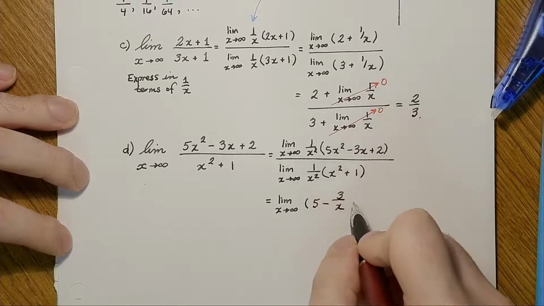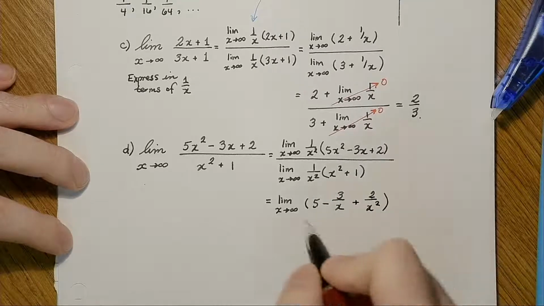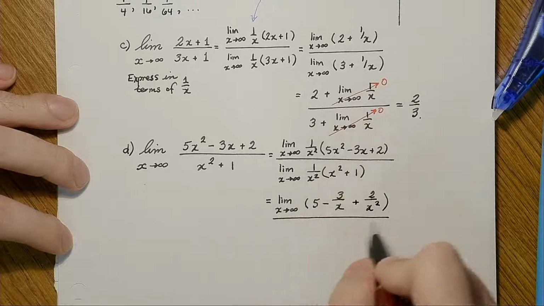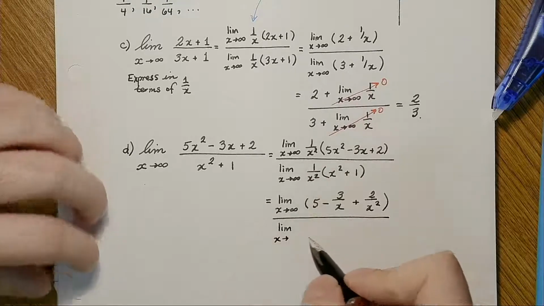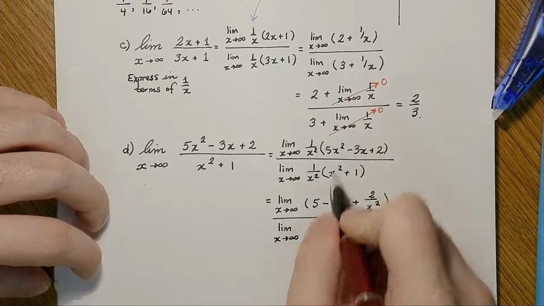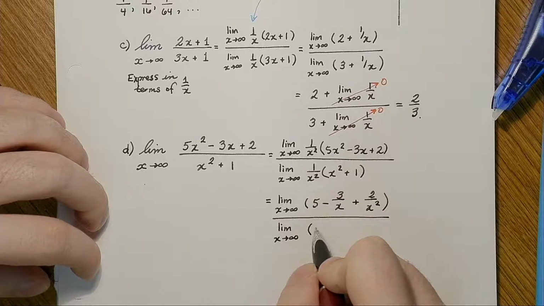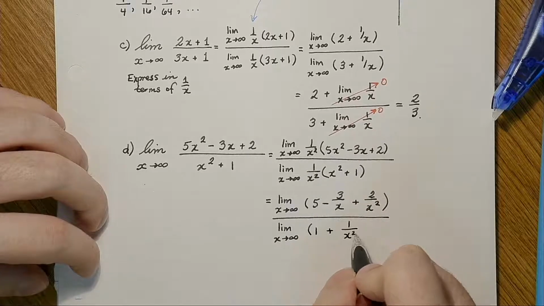And lastly, plus 2 over x squared. Going to infinity. And I have x squared over x squared, so that's just 1 plus 1 over x squared.